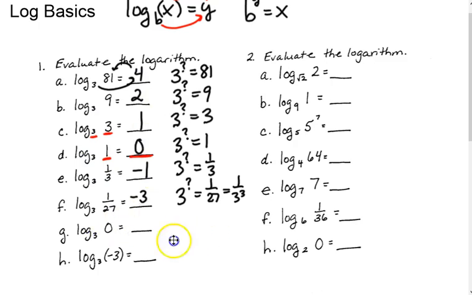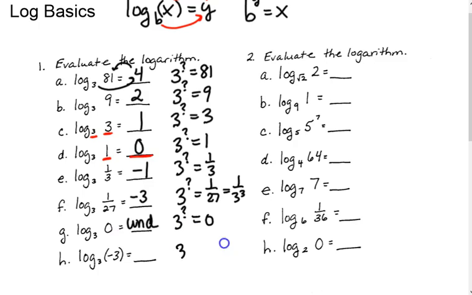What about the next one? This is saying 3 to what power equals 0? Well, notice that if I use positive exponents, I get positive numbers inside here. If I use negative exponents, I'm still getting positive numbers inside here. There's no way to get 0 by raising 3 to a power, so this is undefined.